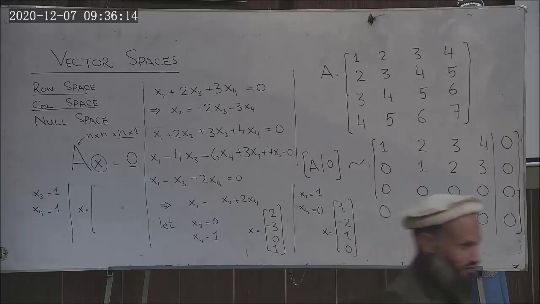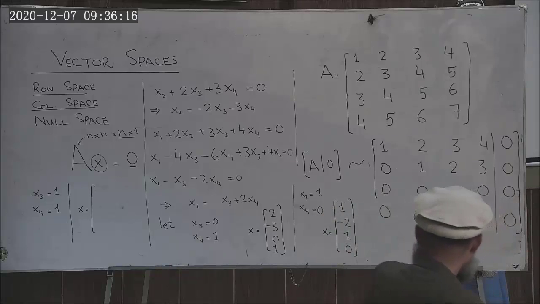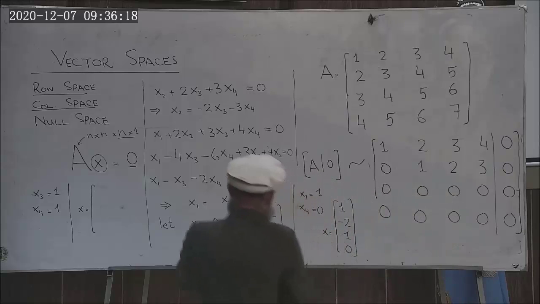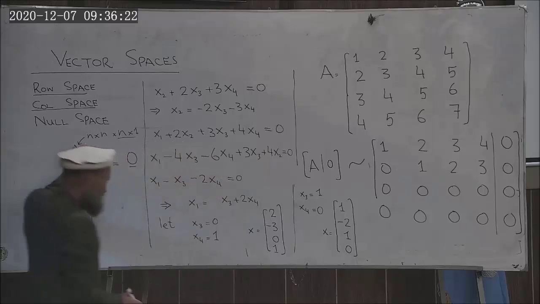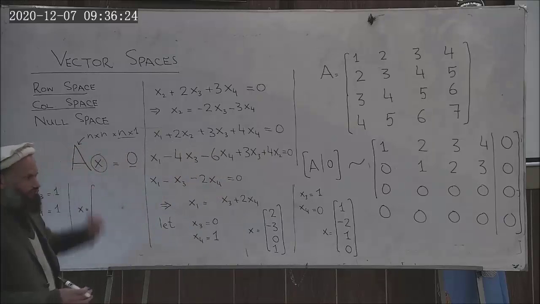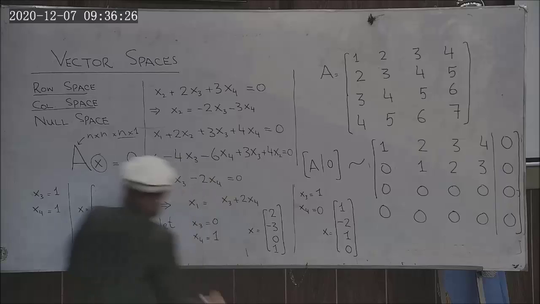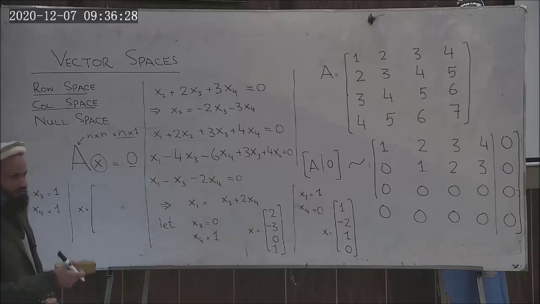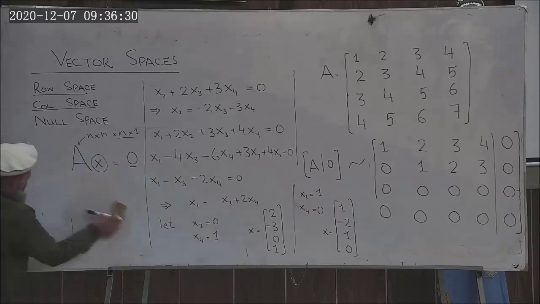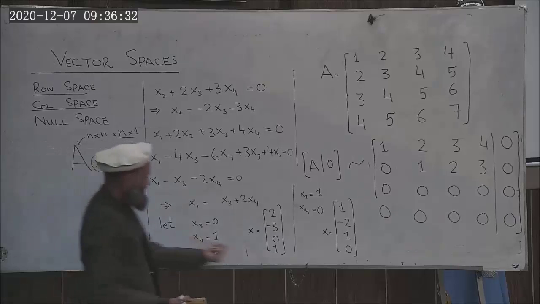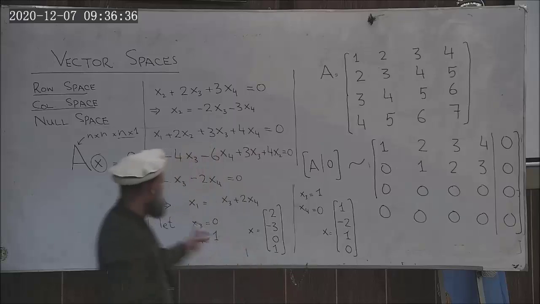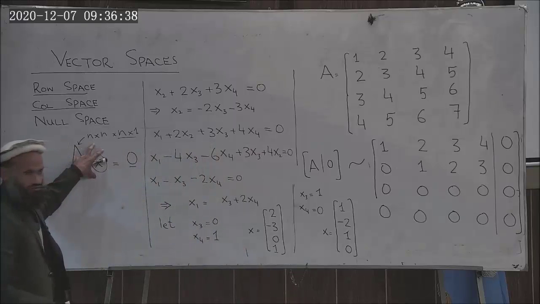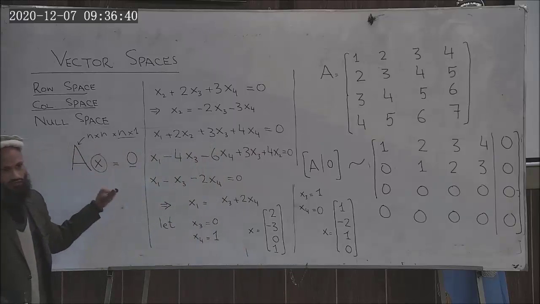How can we verify that? Any linear combination of these two vectors will also be a solution to this system of equations. How can we verify it? Can you verify this statement? How can you verify it?